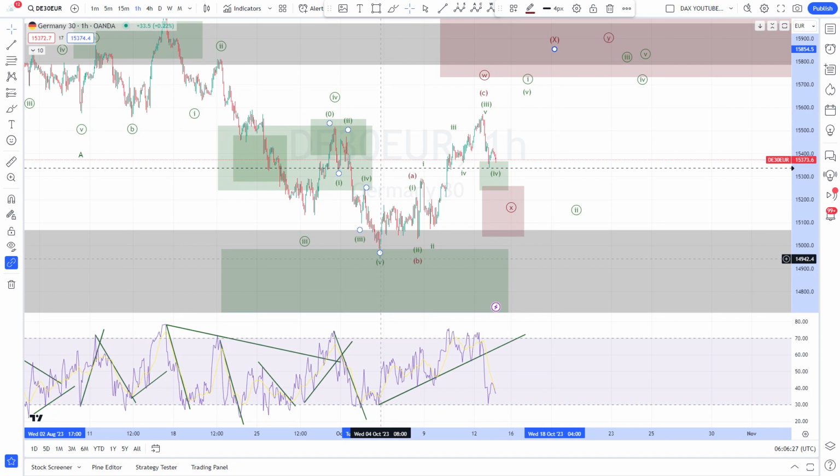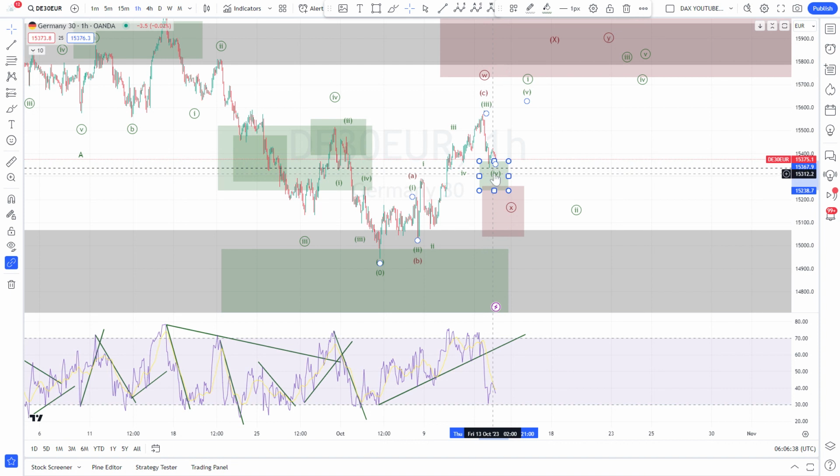But then what we need to do in support of this scenario is making a fifth wave here, reversing from this wave 4 area to the upside, making the fifth wave with divergence, and then we really have a mature impulse here.